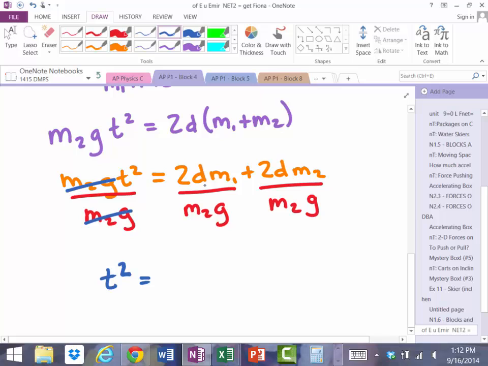This thing is disgusting. Going to cancel. I'm going to have a big, huge mess of stuff: 2dm1 over m2g plus 2d over g.